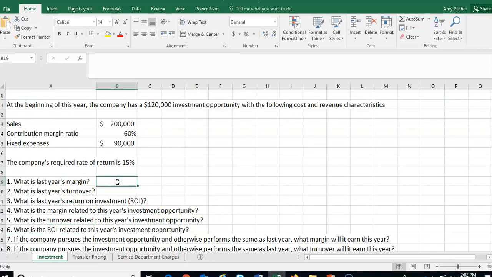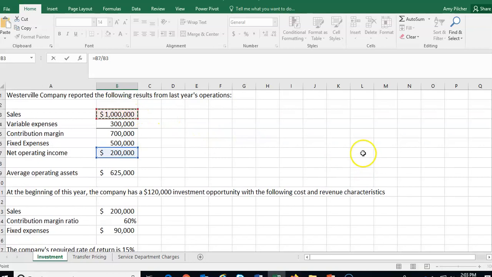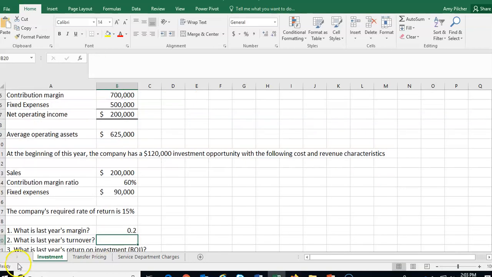So if you remember from the Chapter 11 reading and lecture, the profit margin is calculated by dividing net operating income by sales. So we will take our net operating income from our results, $200,000, and divide that by our sales of $1 million. And that gives us a profit margin of 20%.